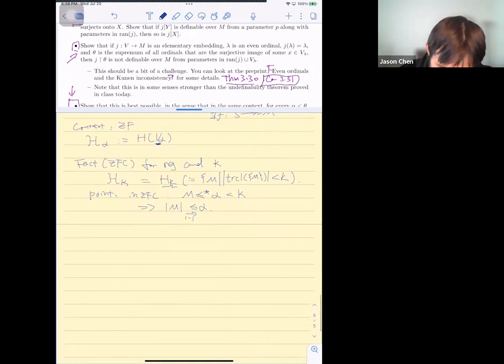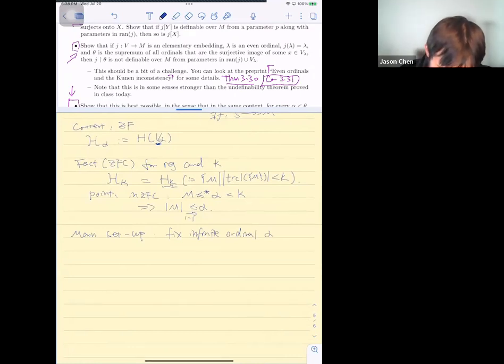another main tool, another main setup. So the main setup is the following. Fix an infinite ordinal alpha.